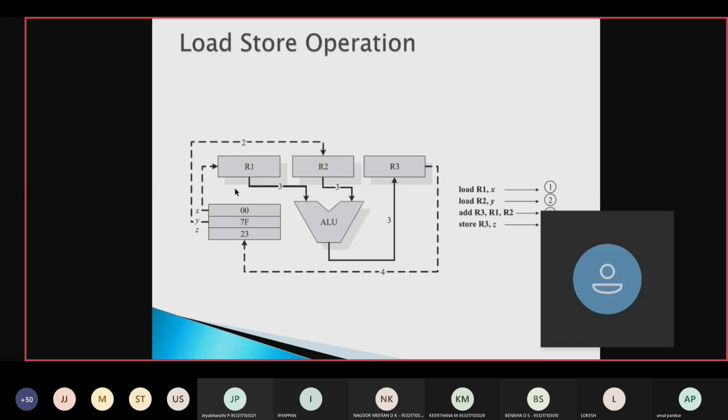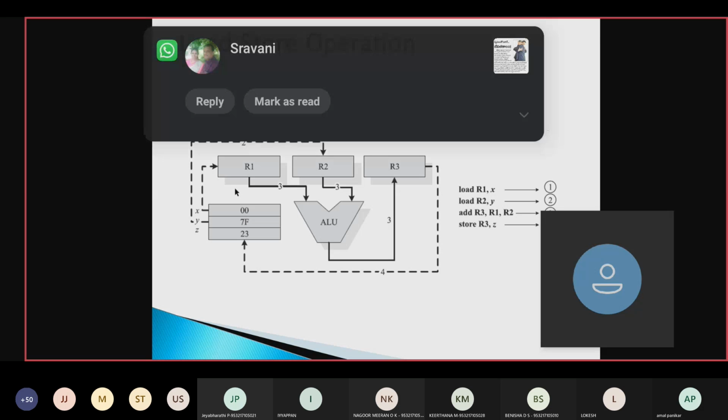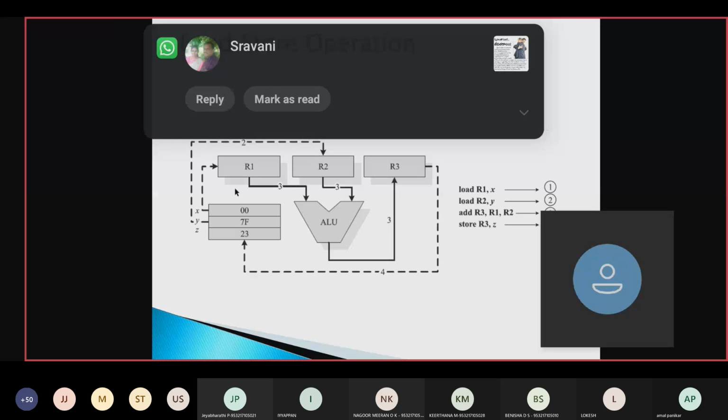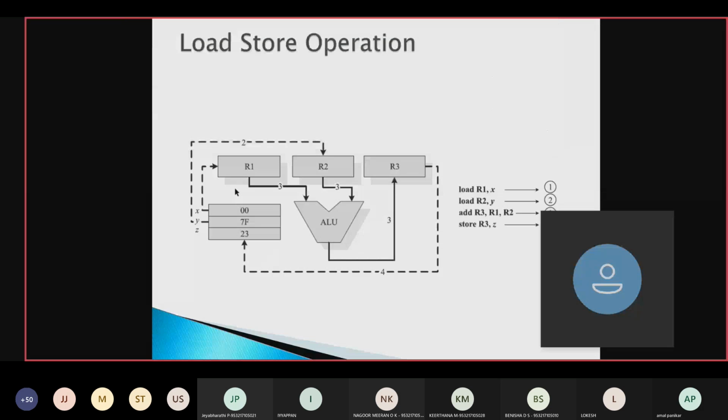That's called orthogonality. This orthogonality can be utilized in RISC, and we can have the load store operations. That is how the load store operations are performed. Next step. If I go for the next thing, which is a very important thing.